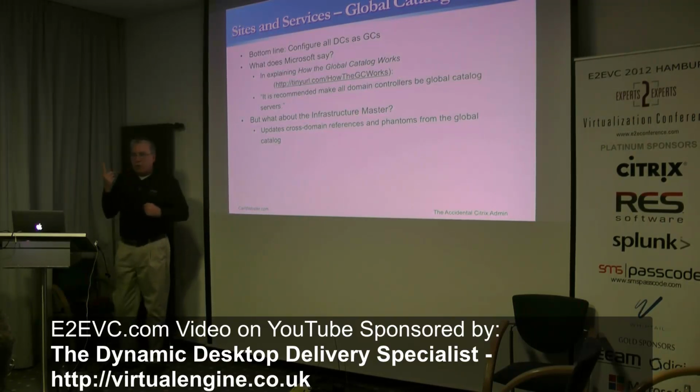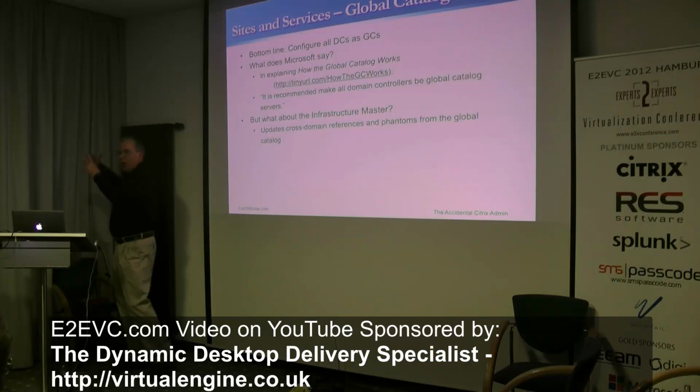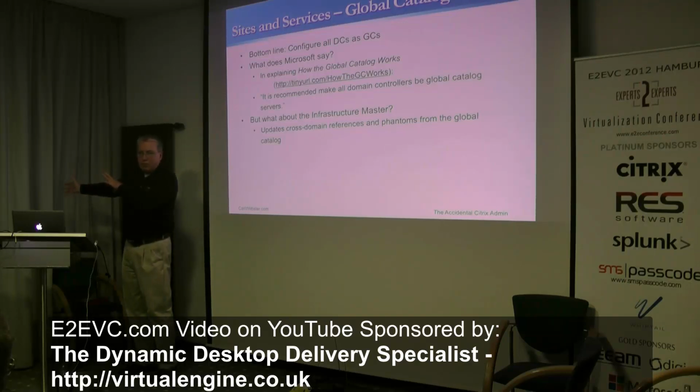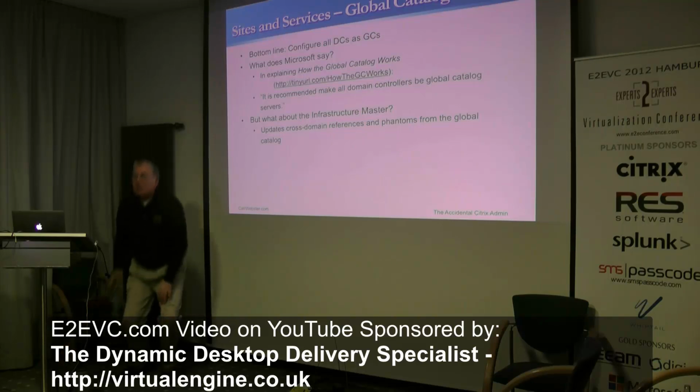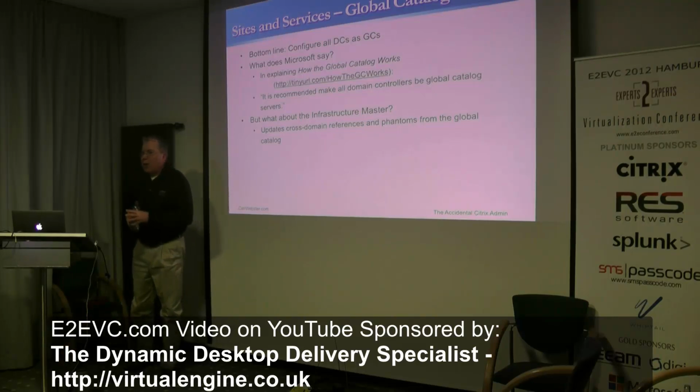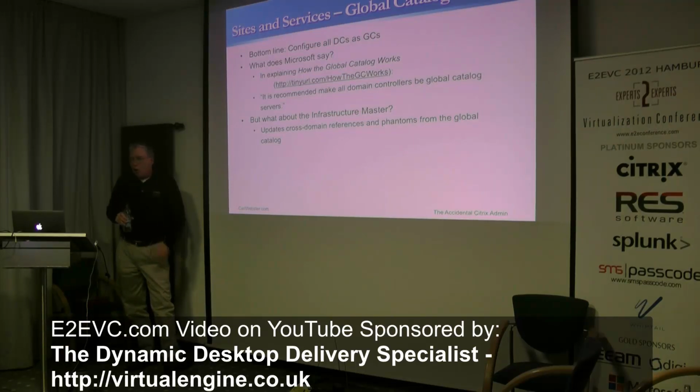And that's just one user. What if I've got hundreds or thousands of users over here? You are now impacting the logon experience for every one of those users. So my point is, fix your issue on the WAN link and make every domain controller a global catalog server.